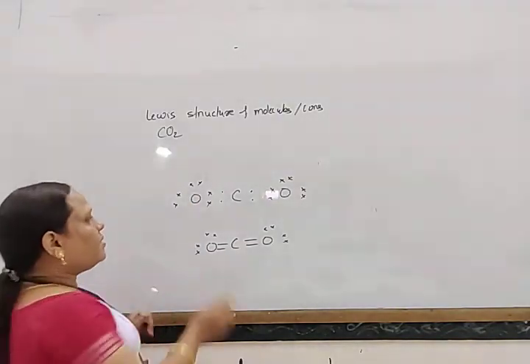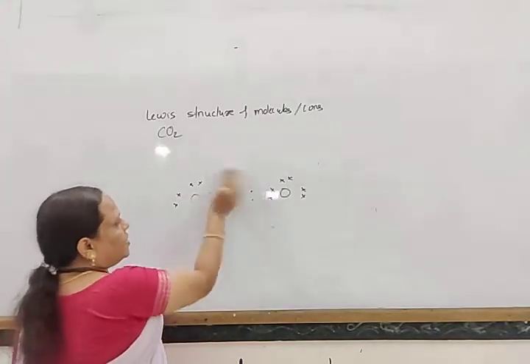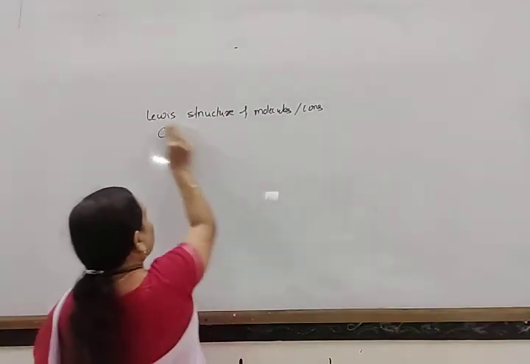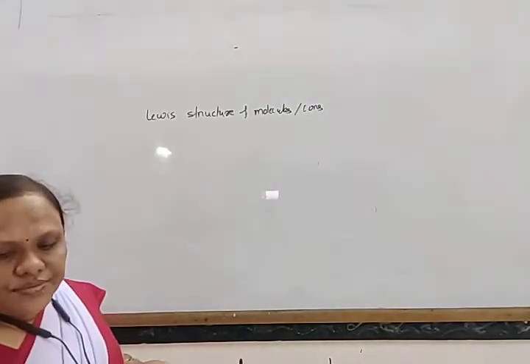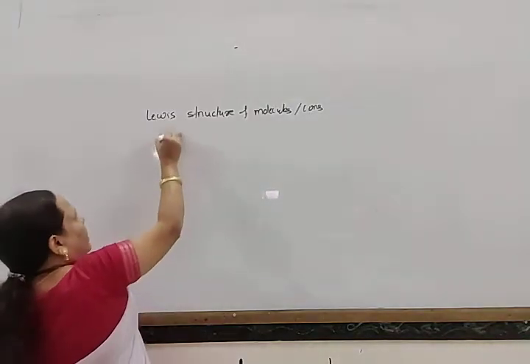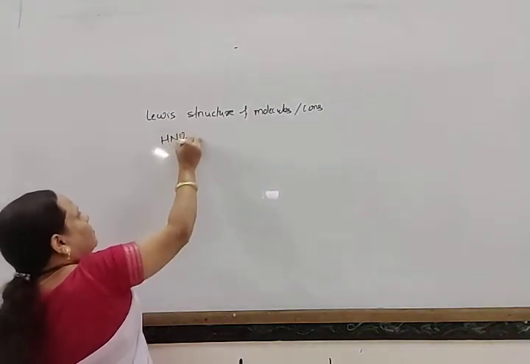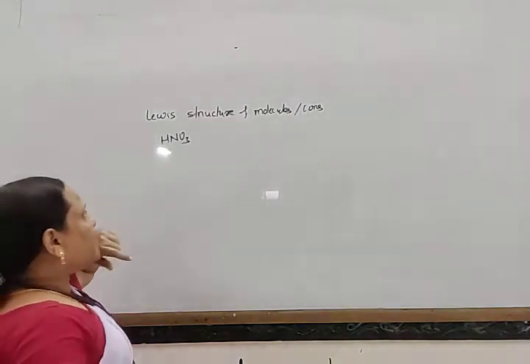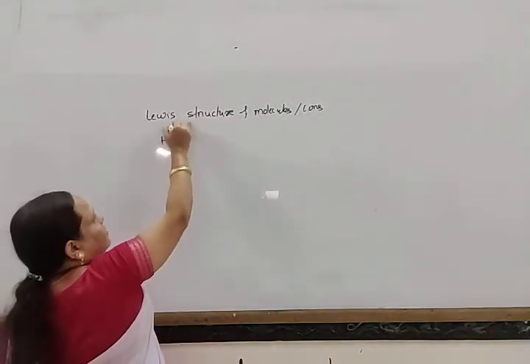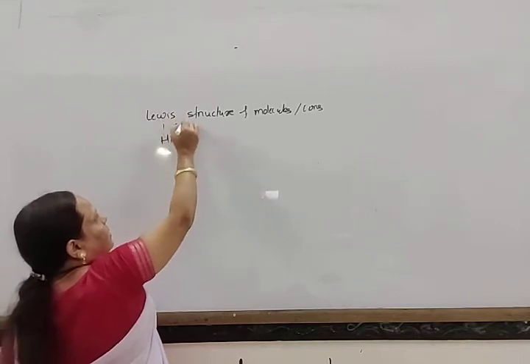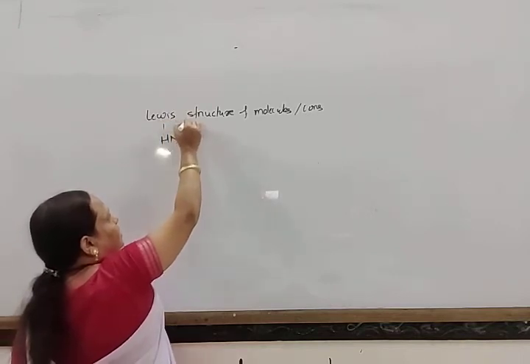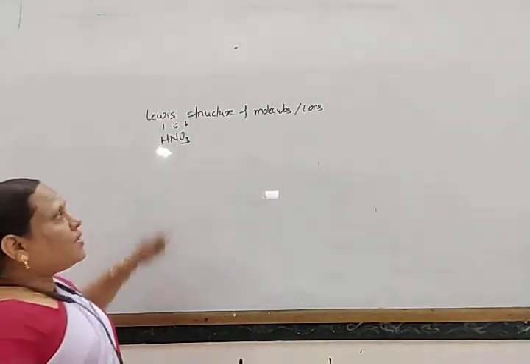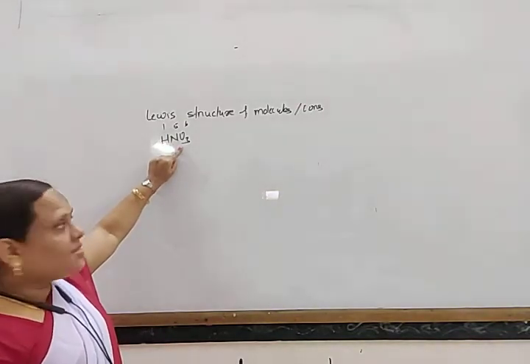Next, write down the Lewis structure of nitric acid, HNO3. In nitric acid, nitrogen has valence electrons 5, hydrogen has 1, and oxygen has valence electrons 6, but it can form 2 bonds, its valency is 2.